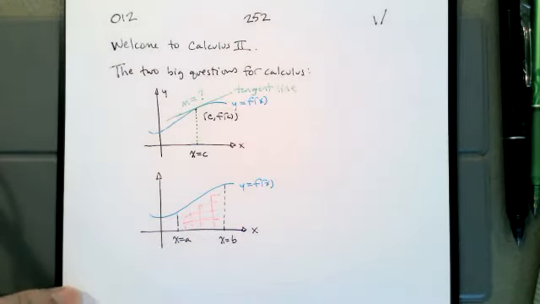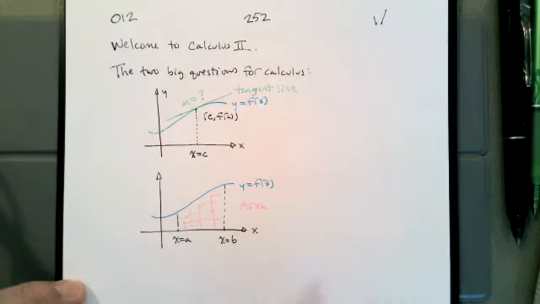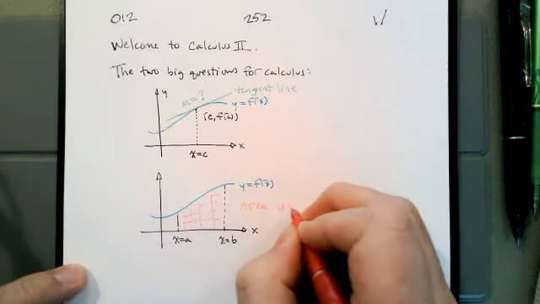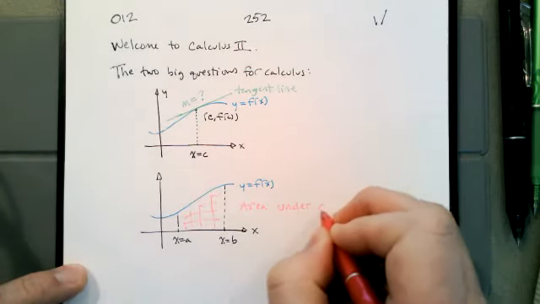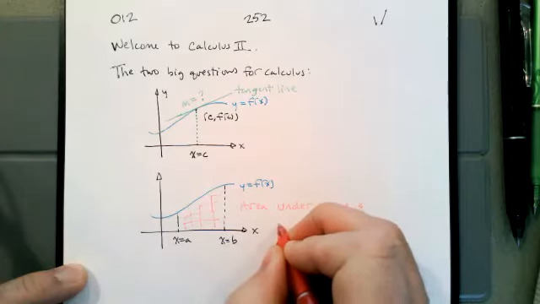The other big question in calculus is, what is the area under a curve and above an interval on the x-axis? So the area under the curve and above the interval.